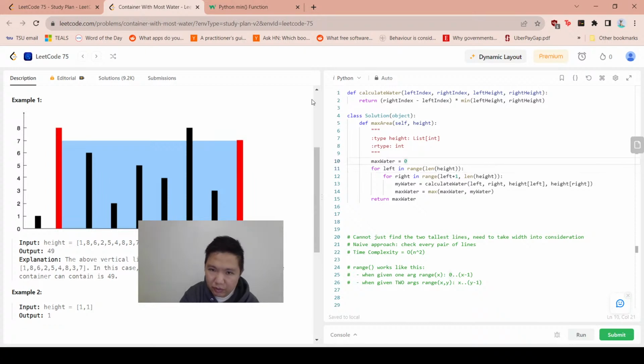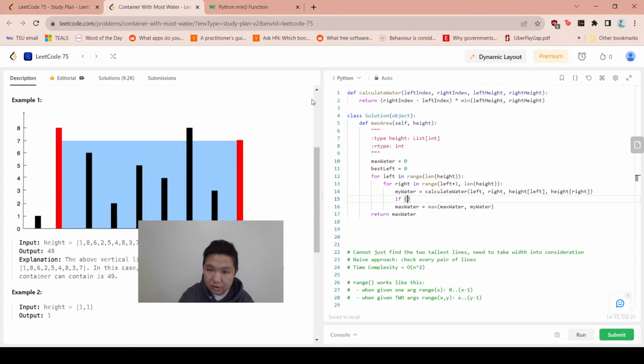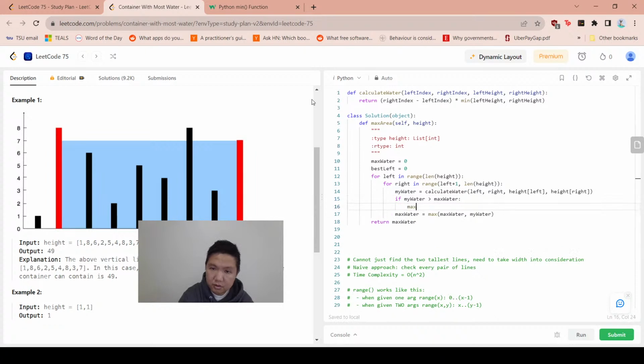So let's write that out. Best left equals 0. Now I have to actually do this. If my water... best left equals left.